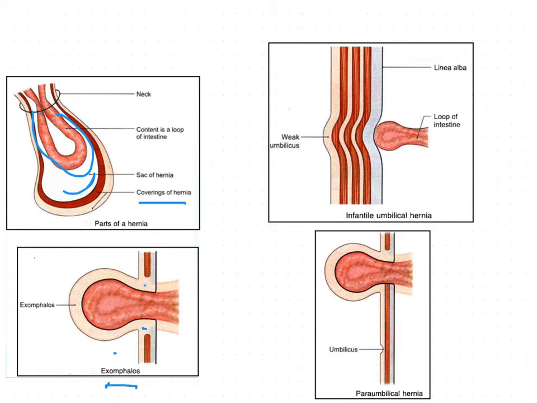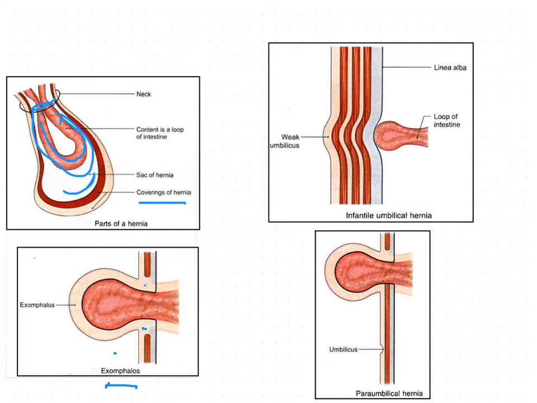Okay. Next one is obstruction. The loop may get narrowed in the part. So if the narrowed part is increased, the contents of the loop cannot move forward, leading to obstruction. So whatever contents are moving inside the loop will not move then. So it leads to obstruction.